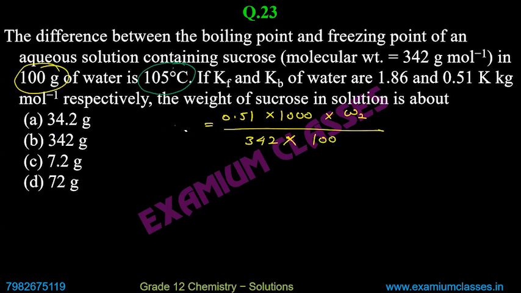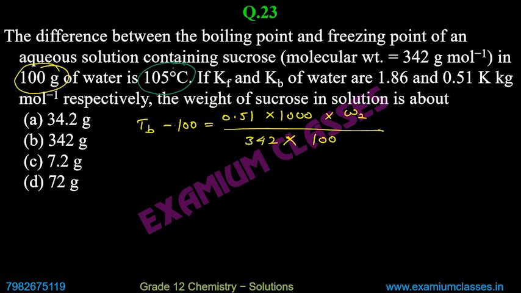Delta TB is elevation in boiling point, means TB minus TB naught. TB is greater than the normal one. Standard is TB naught, and for water this is 100 degrees Celsius. It means TB minus 100 equals 0.51 times something like this. So you got TB in terms of W2.